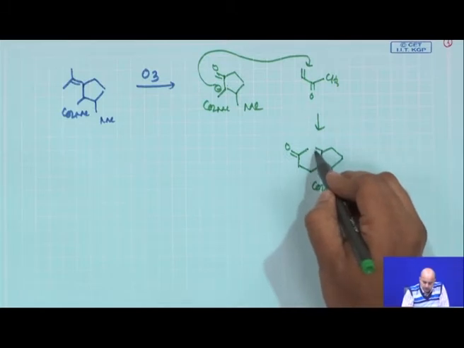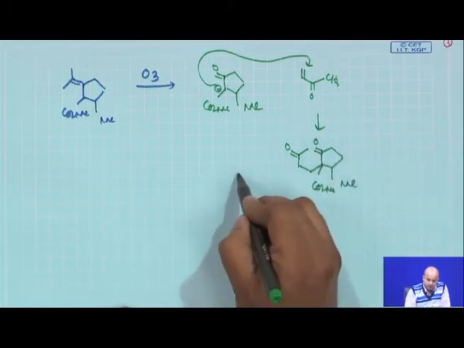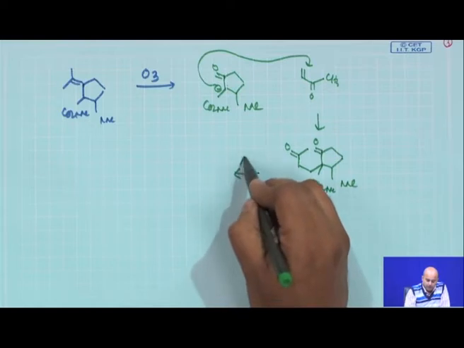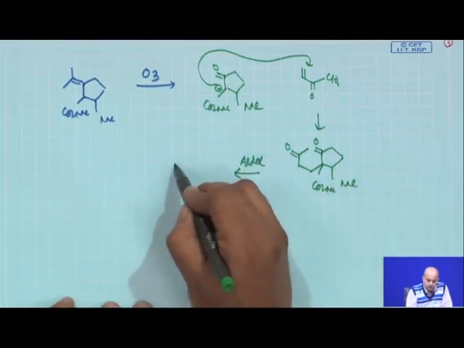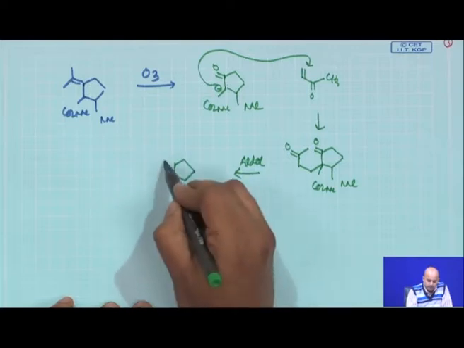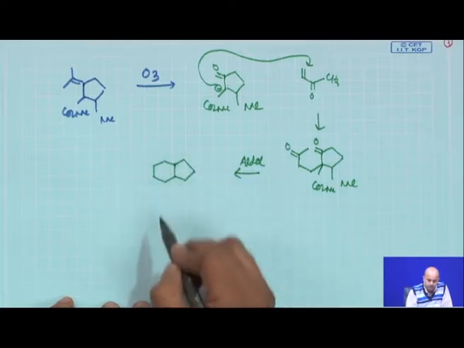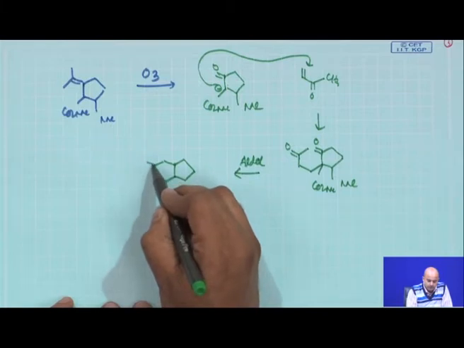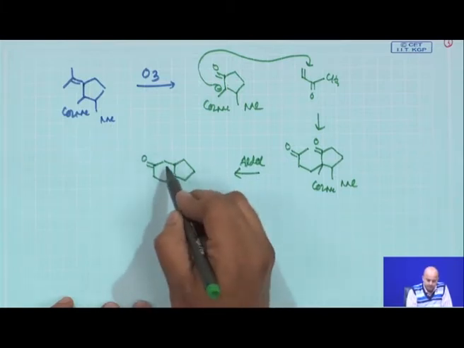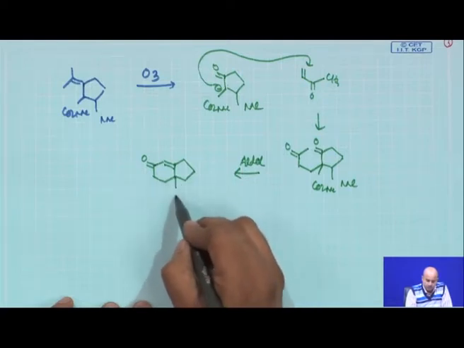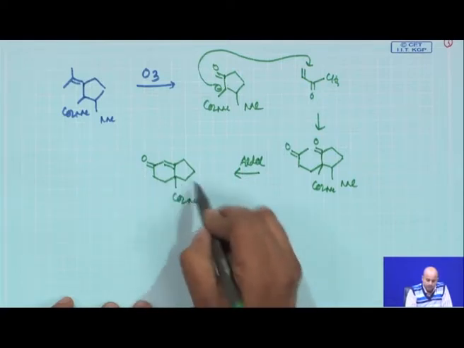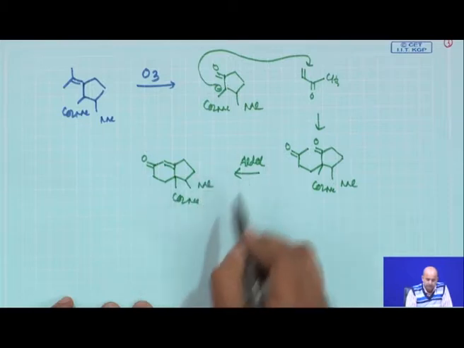Your carbonyl group remains here. So, now you do the aldol. The Michael aldol combination is your Robinson annulation. So, it will be here, your CO2Me is angular, your methyl is angular.